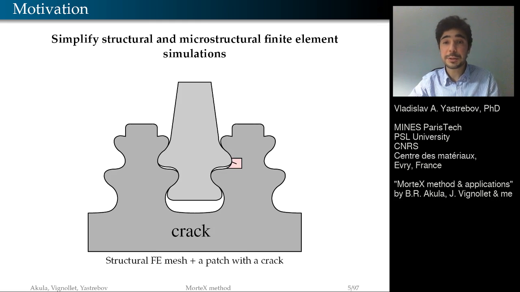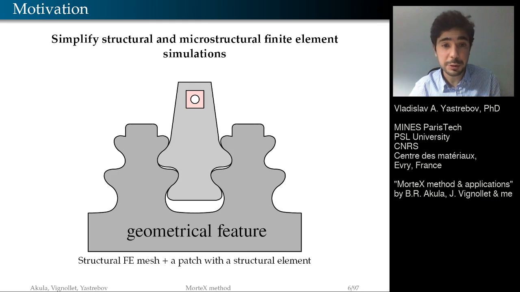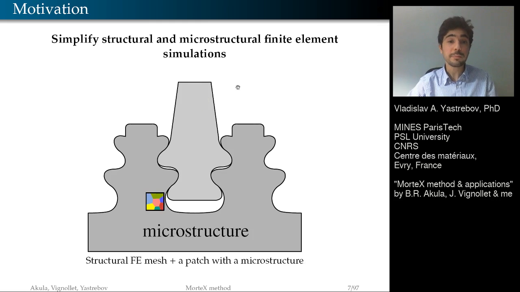For example, insert a crack, properly refined near the tip. Insert some geometrical features at small scale, for example, a circular hole in this situation. Here in the rows, it's just a patch which we can glue on the existing mesh. Or we can insert a microstructure in some locations in which it would be important to know how the microstructure behaves.